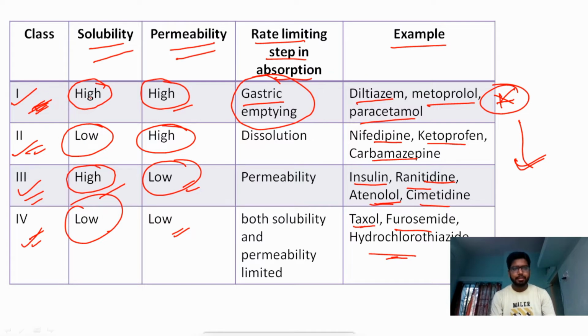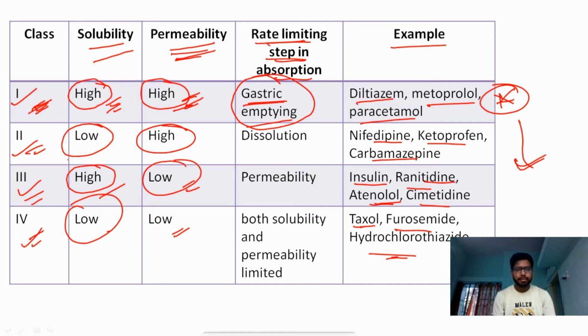Because the aqueous solubility of the drug is high, so its absorption will not be dissolution rate limited, and the permeability is also high, so it will not be permeability rate limited. That's why the only rate limiting factor is gastric emptying.